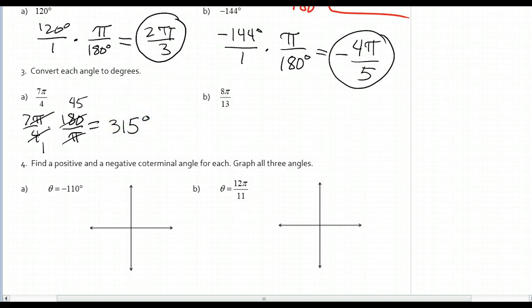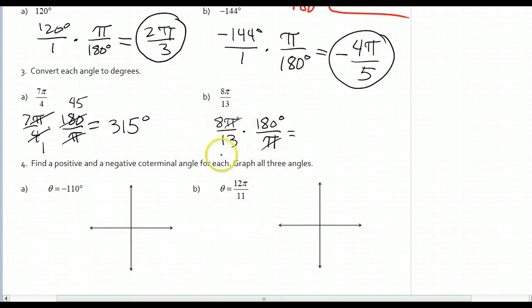315 degrees. Now, the denominator here for part B of 13 is not really going to give us an exact answer unless we leave it in improper fraction. So we've got 8 pi over 13. Then we're going to multiply again by 180 degrees over pi. So these pi's again are going to cancel out.